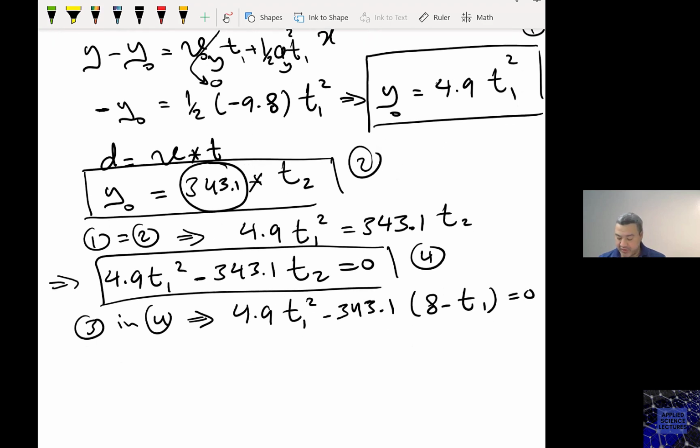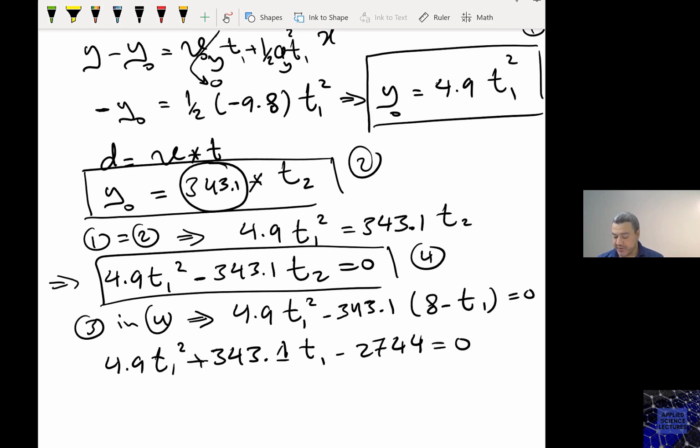Rearranging this equation, I get 4.9 T1 squared plus 343.1 T1 minus 2744 equals 0.